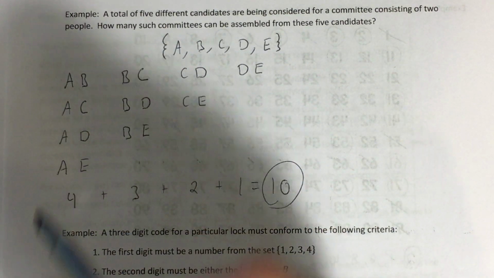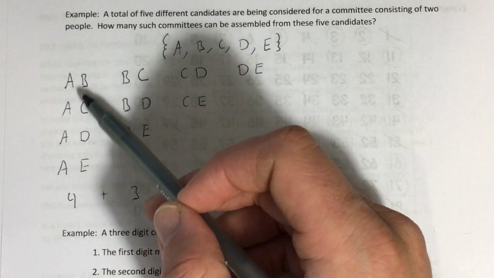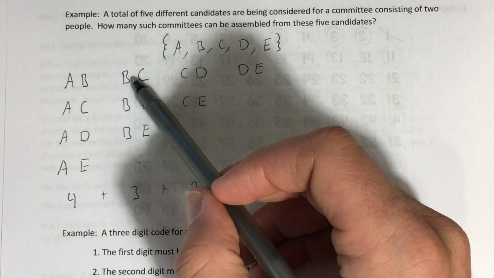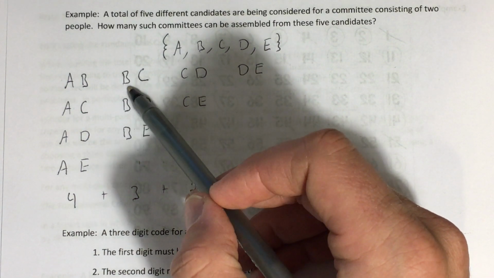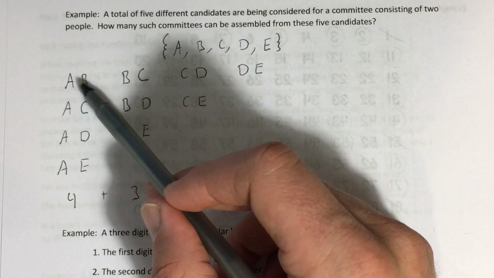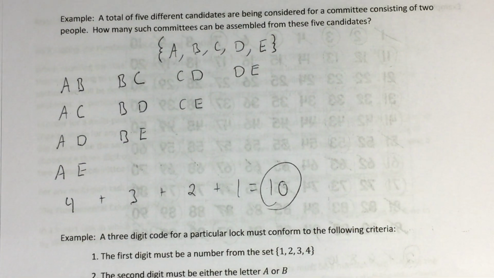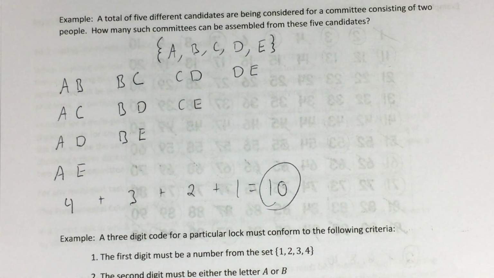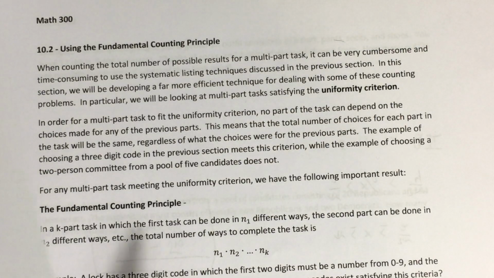So notice when I was listing the total number of committees that have person A first, it was different from the number of committees consisting of person B chosen first. And that's because we counted this AB as the same thing as BA. So some cases we satisfy that criteria, other cases we don't. And the ones that do satisfy that uniformity criterion are the cases where we can use this thing called the fundamental counting principle.